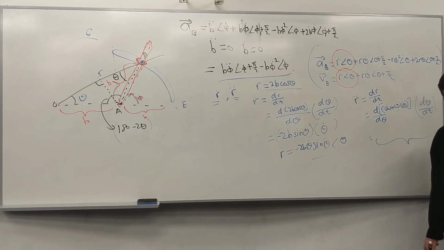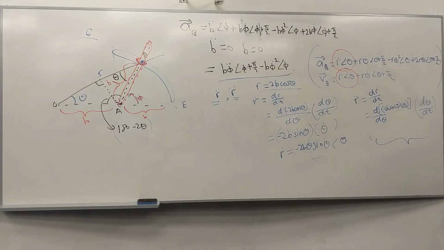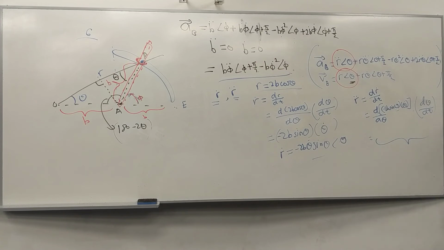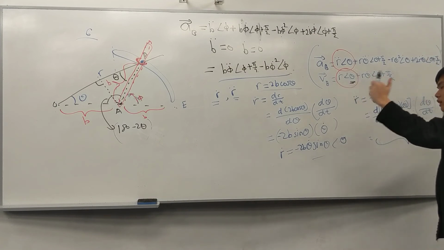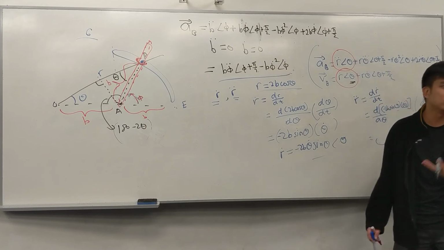I leave this to you, just do it yourself and you can get the answer. The answer actually involves sine and cos, because you need to apply the product rule: differentiate this times this plus differentiate this times this, then the whole thing times d theta over dt. That's your R double dot, and R double dot has a direction theta. Why do we know that? Because we are talking about the relative acceleration and relative velocity here, which are always along the direction of the pole, which is direction theta.